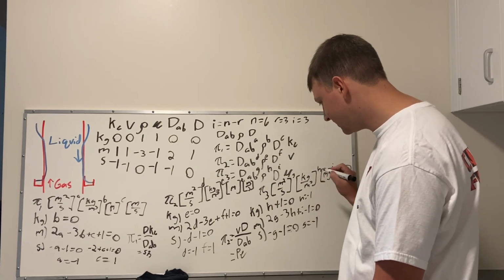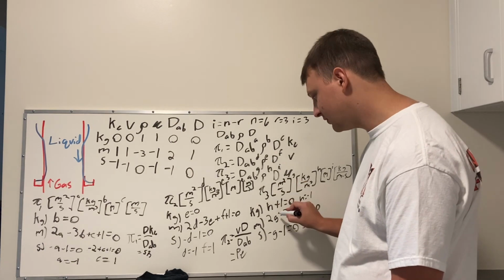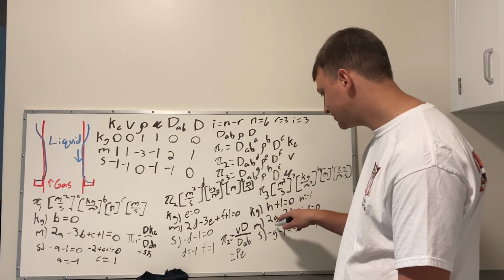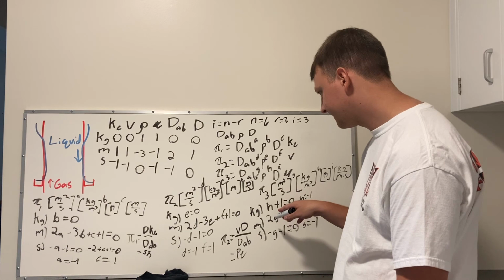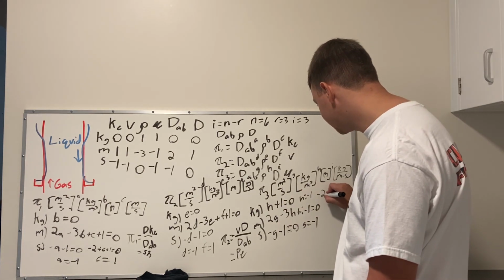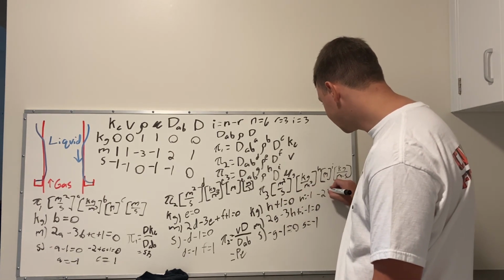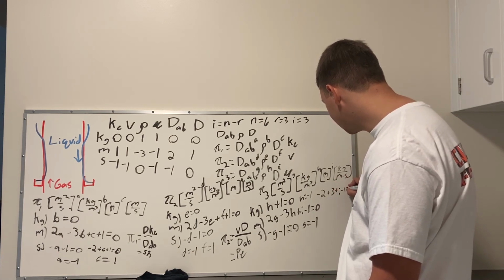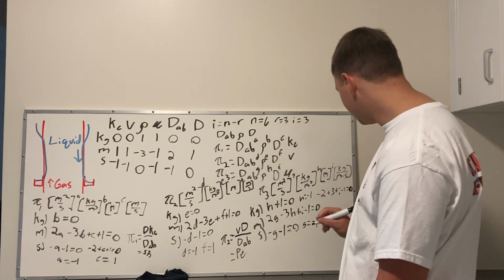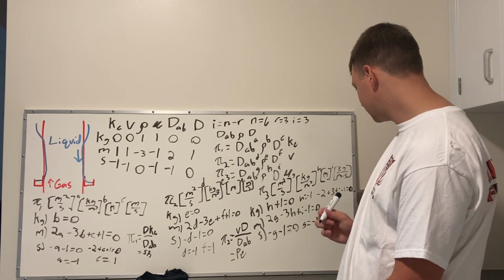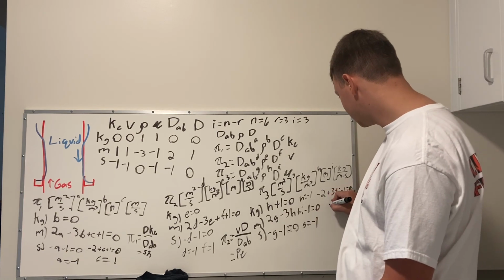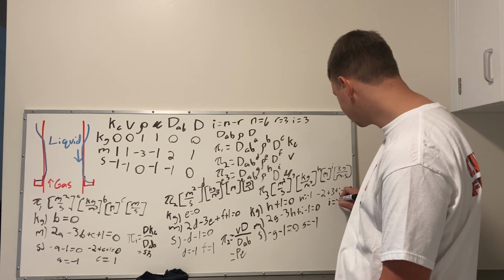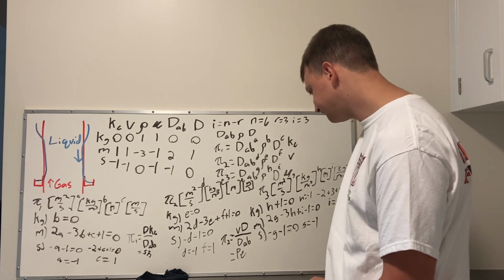Knowing that H is -1 and G is -1, plug that into our meters equation. So we get -2, and then H is +3 plus I -1 equals 0, or that ends up being I equals 0.